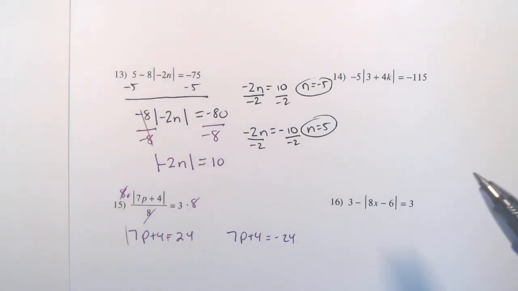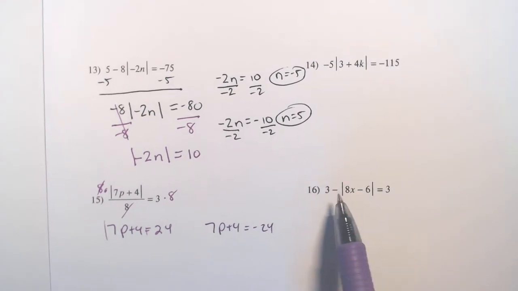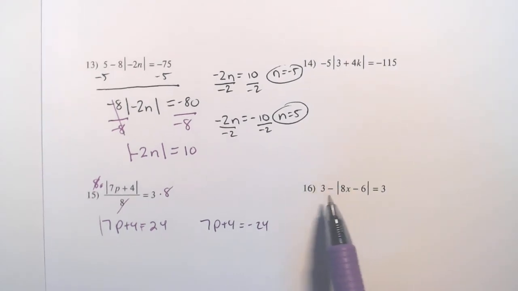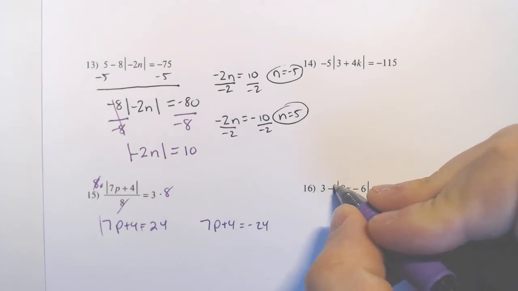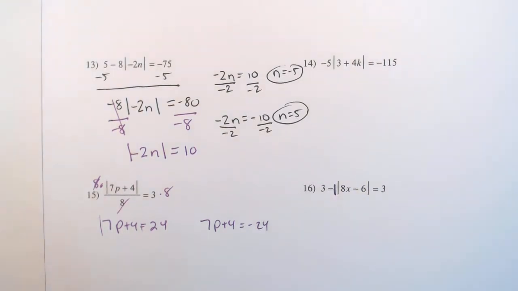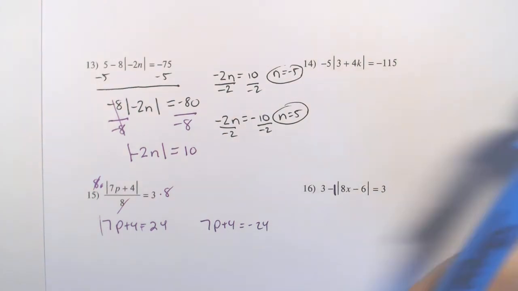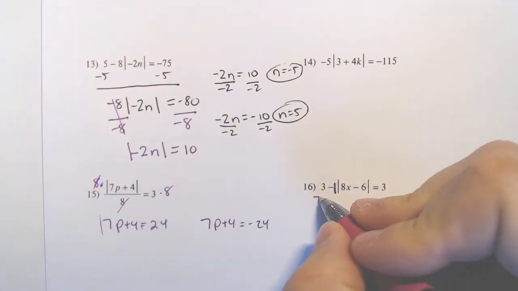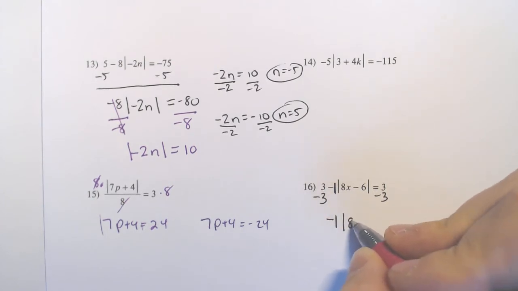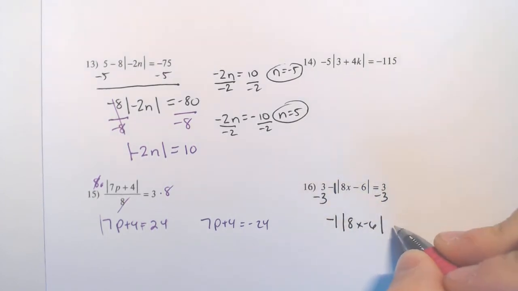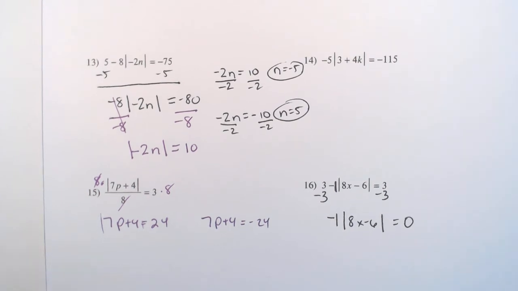All right. 16 I do want to do because I'm wondering what you think we would need to do with that negative sign here. And that negative sign is the same as a negative 1. All right, so don't panic. Don't panic, all right? We're going to subtract 3 from both sides, get negative 1 times the absolute value of 8x minus 6 equals 0, which already feels funky.